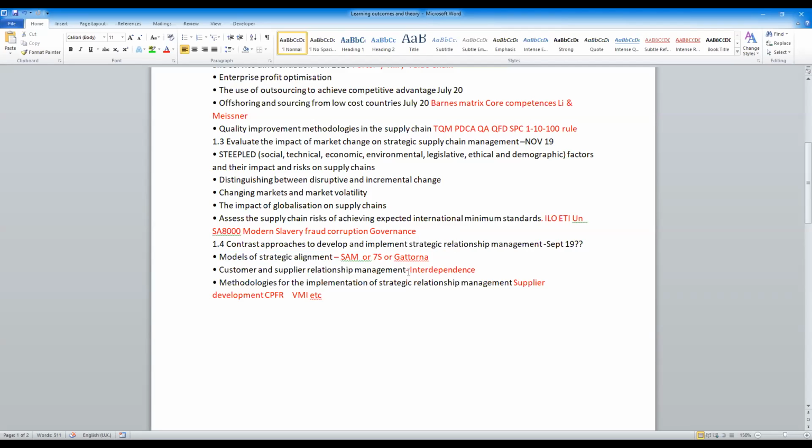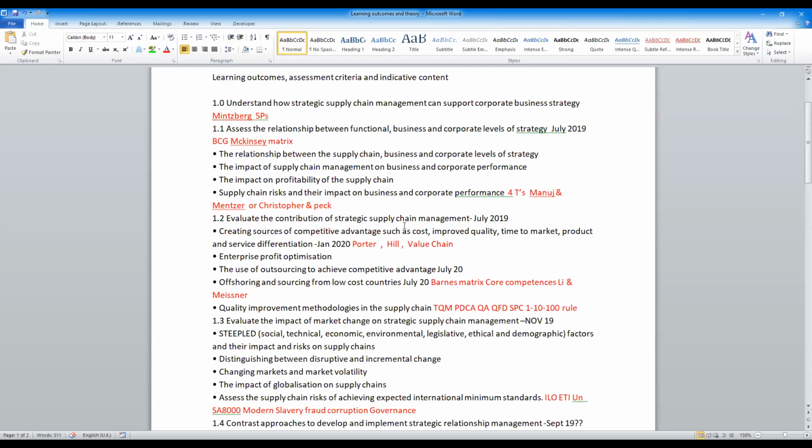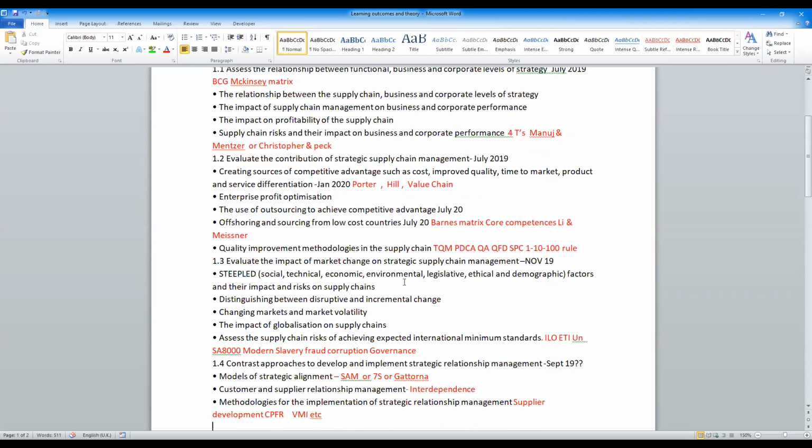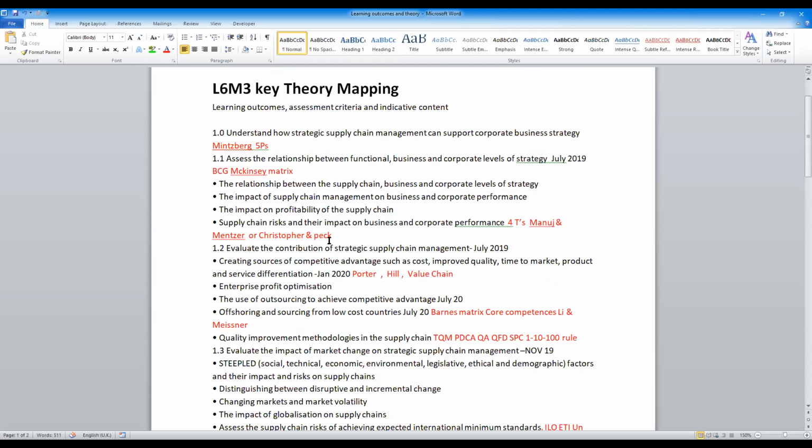Relationship management, you discuss interdependence, relationships, supply development, CPFR, VMI, etc. Now, you might be able to add to that. I just quickly went through the full SIPS study guide and my notes, and those were the sort of key things. So I would tend to be doing it like that.